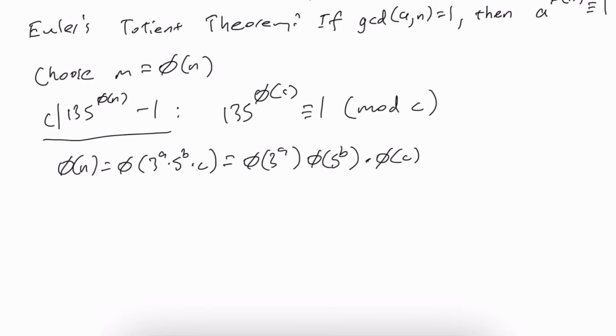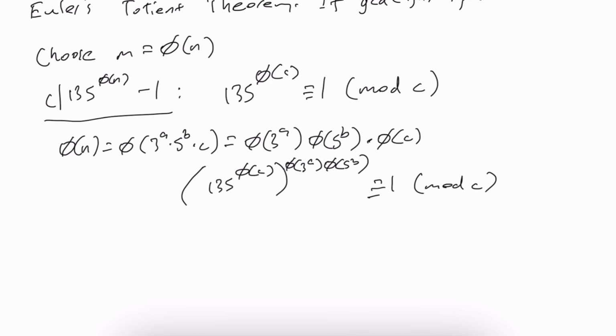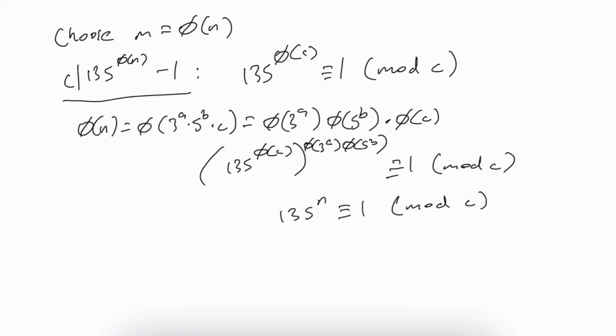So in particular, that means that 135 to the phi of c raised to the phi of 3a times phi of 5b is still congruent to 1 mod c. But this is exactly phi of n, right? So we have that 135 to the phi of n is congruent to 1 mod c. And so we indeed have that c divides 135 to the phi of n minus 1.